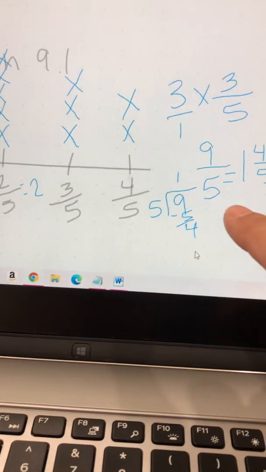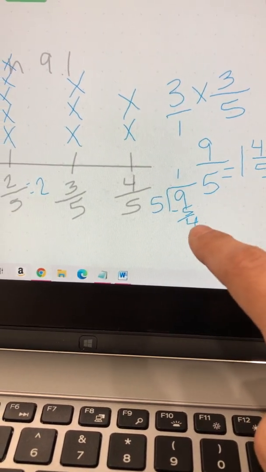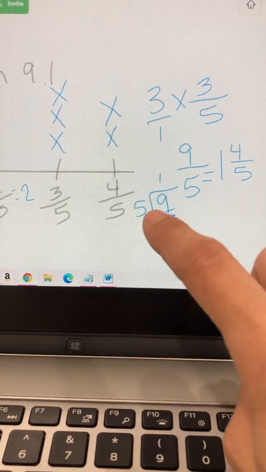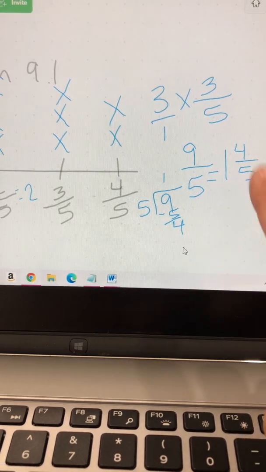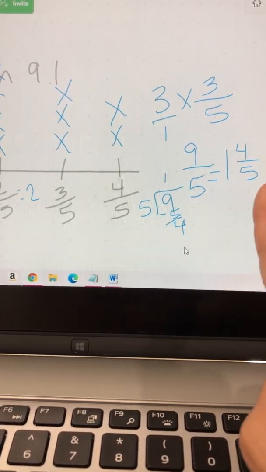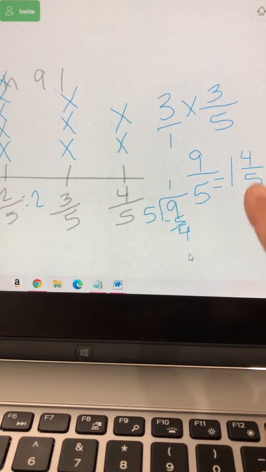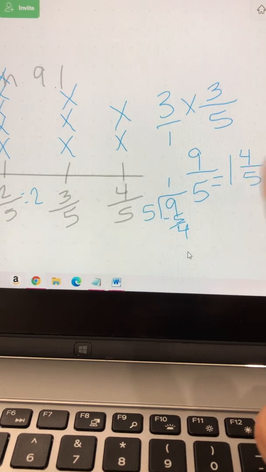Alright, so whole number is always the quotient. Your remainder is your numerator, and denominator is the divisor, which is the same denominator, which doesn't change. This we've been doing since chapter 6, okay? Converting improper fractions to mixed numbers. We did it last chapter, chapter 8, chapter 7, and chapter 6.